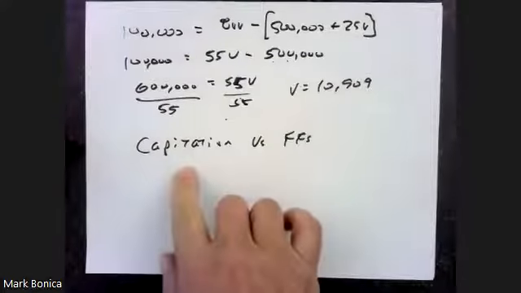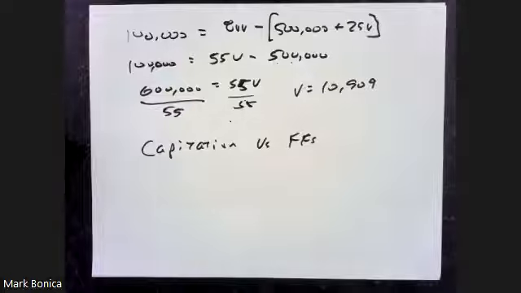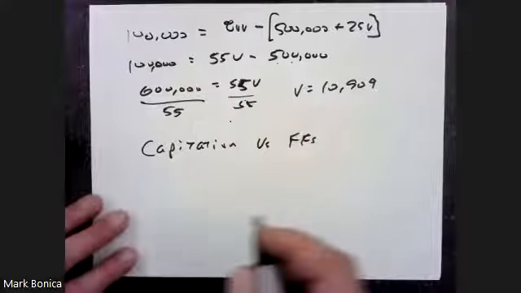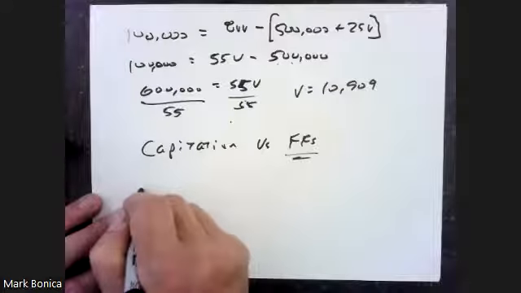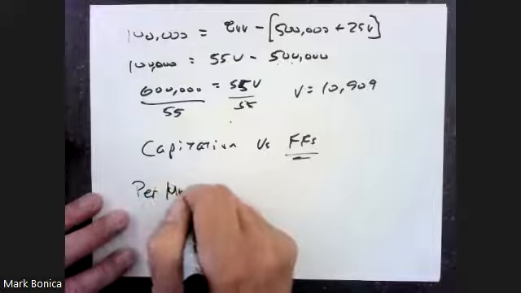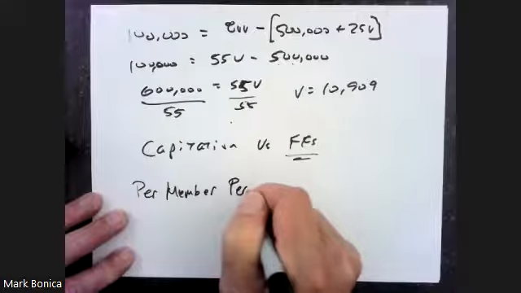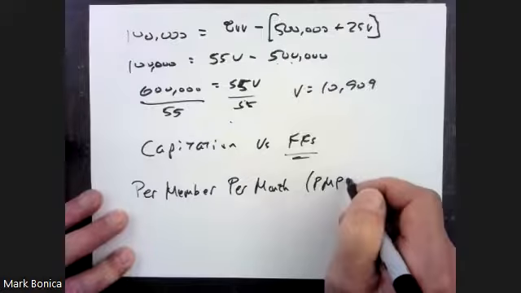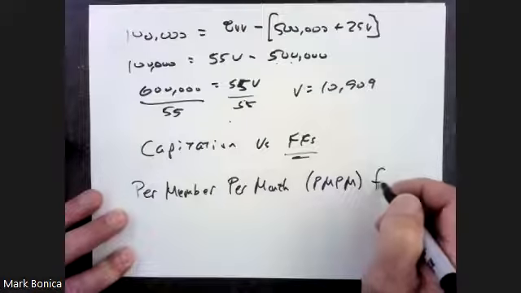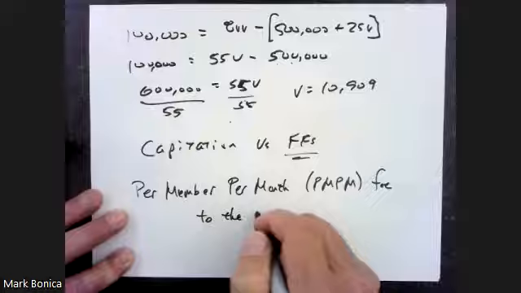So you pay per head rather than per service. So what does this mean? Instead of paying per visit, the insurance company will pay a per member per month, PMPM, fee to the provider.